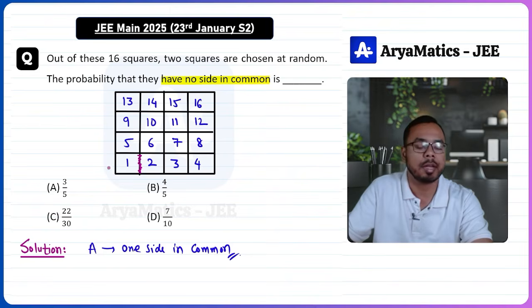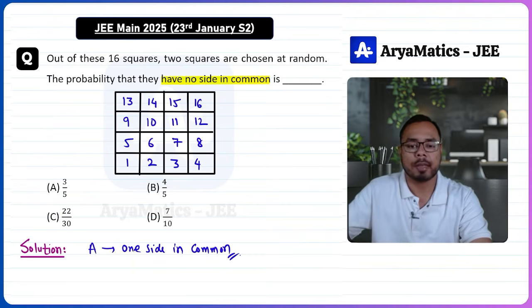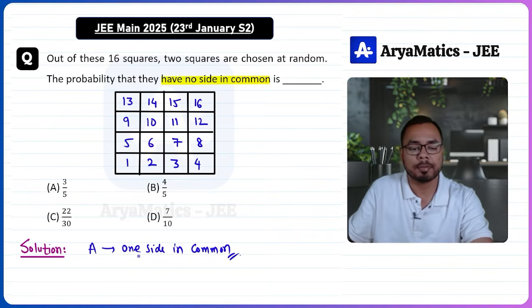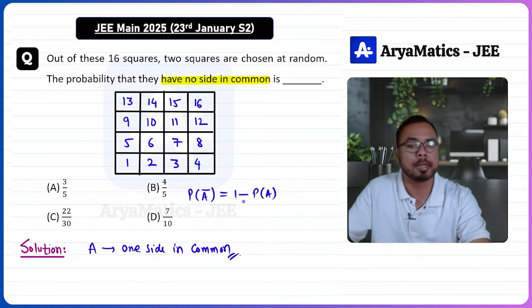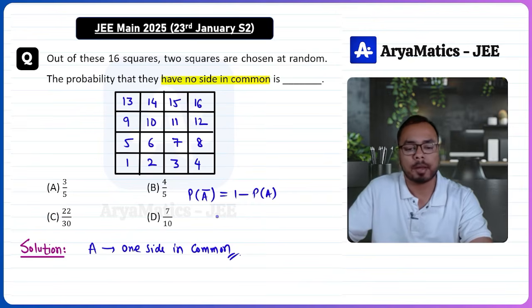If I select 1 and 10, there is no side common between those two. So if A is the event that any two randomly selected squares will have one side in common, then we need the probability of A complement. And we all know that the probability of A complement is 1 minus the probability of A, right?